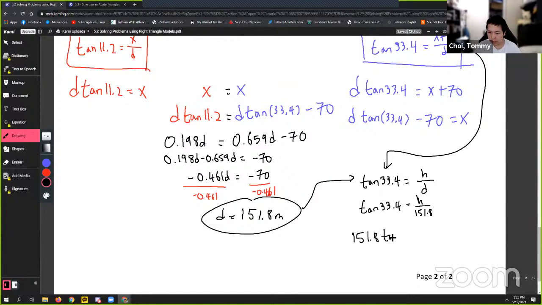We multiply it onto the left, and we plug that into our calculator. So 151.8 times tan 33.4 will give us 100.1 meters.